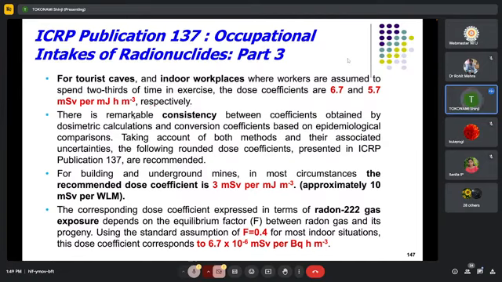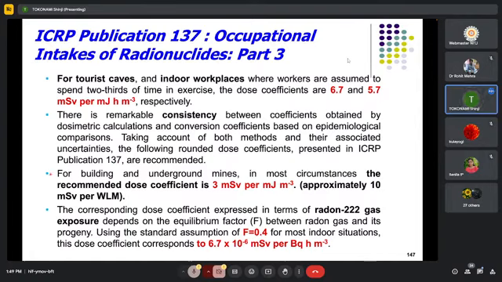There is remarkable consistency between coefficients obtained by dosimetric calculations and conversion coefficients based on epidemiological comparisons. Taking account of both methods and their associated uncertainties, the following rounded dose coefficients presented in ICRP Publication 137 are recommended.